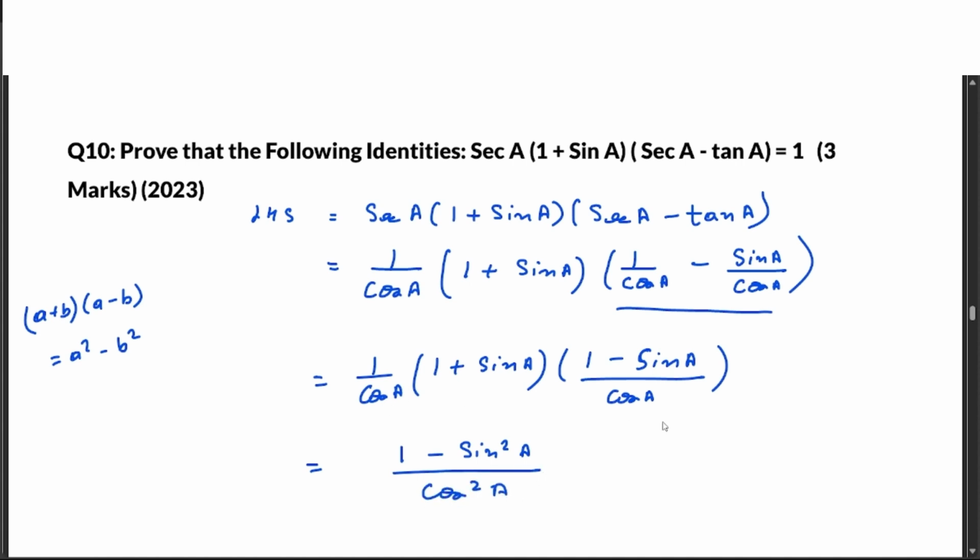Now cos A and cos A, and you know the second identity here, sin square A plus cos square A is equal to 1.